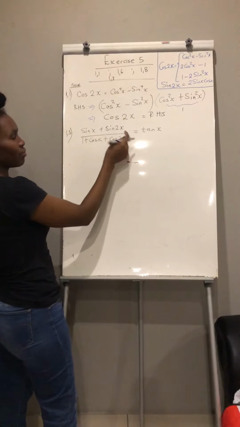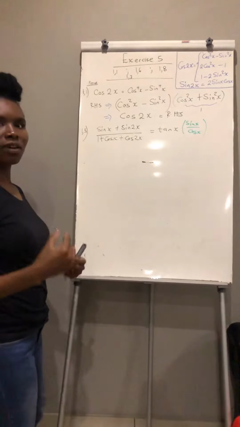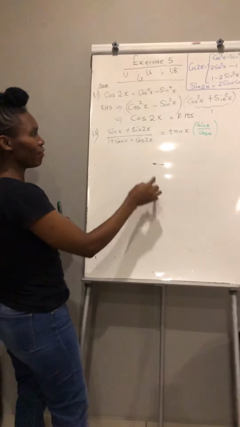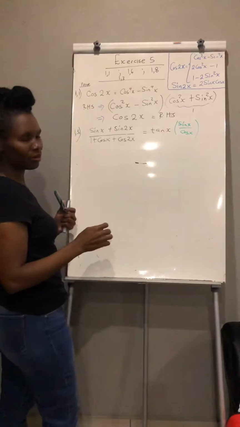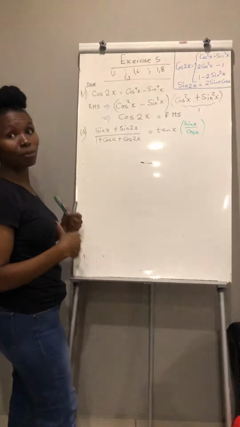Tan x is already known to be sine x over cos x. So when you're simplifying the numerator, you have to simplify it in such a way that you have sine only on the numerator, if possible, and simplify it until only cosine is left at the denominator. That is how we do this most of the times.